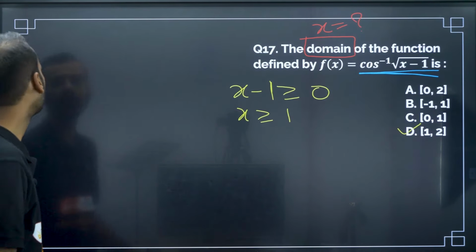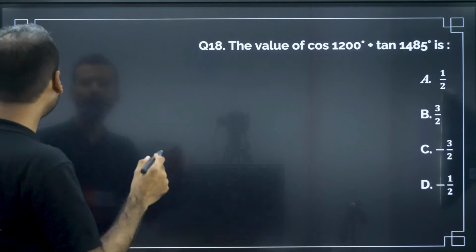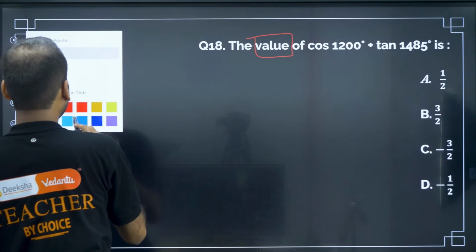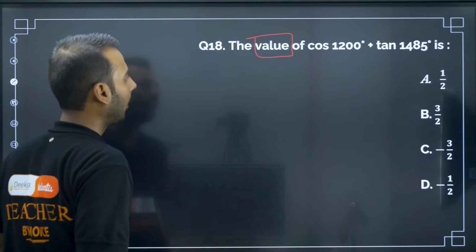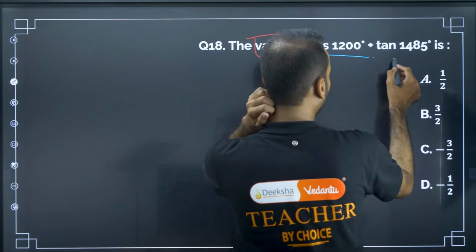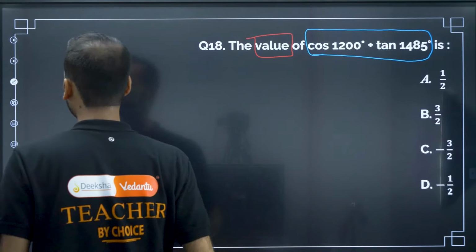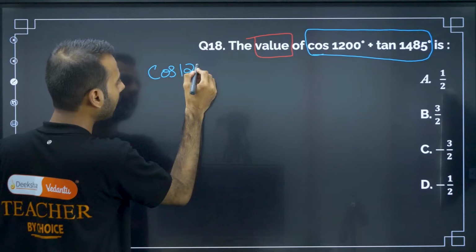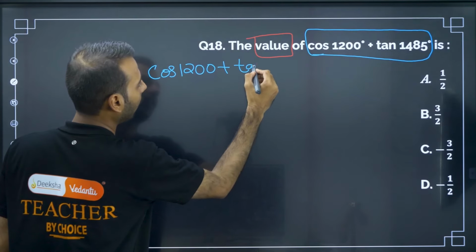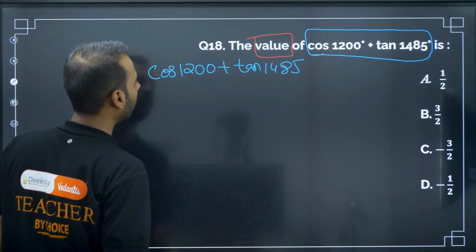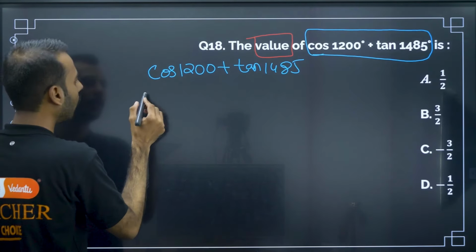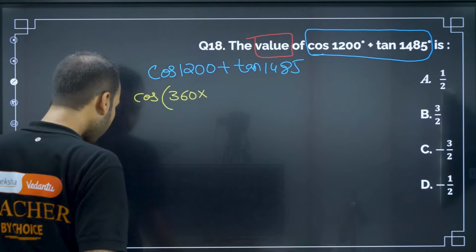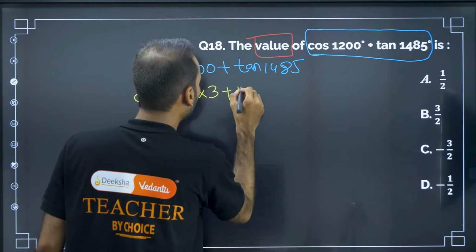Moving on to the next question. The value of, again they are interested in the value of cos, this one is what they are asking to find. So let me copy and paste that expression here. Cos 1200 plus tan of 1485. Now for this, let me write cos of 360 into 3 plus 120.